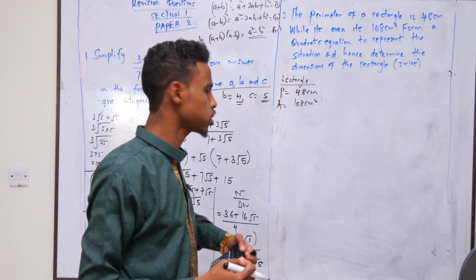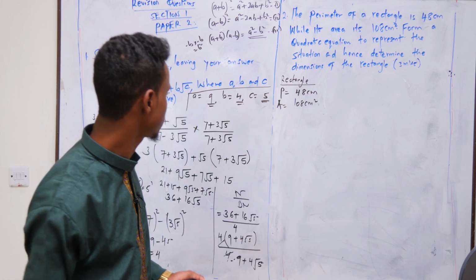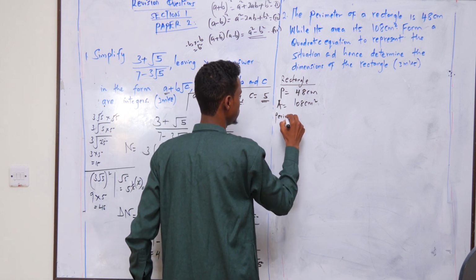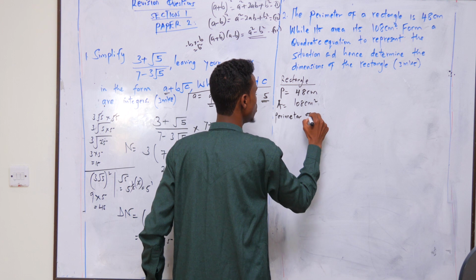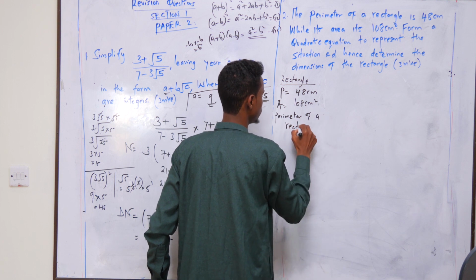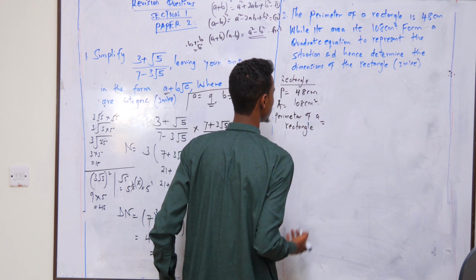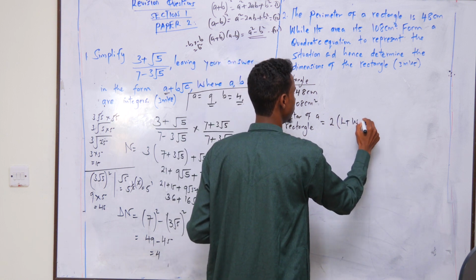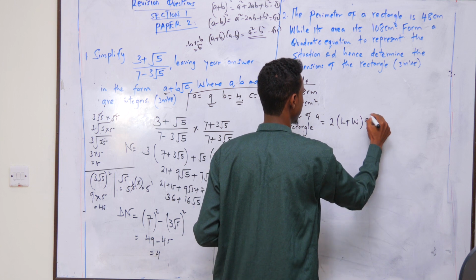Now you don't have both of them. You just use letters now. For example, perimeter of a rectangle is equal to 2 into bracket L plus W shall give you the perimeter, isn't it?